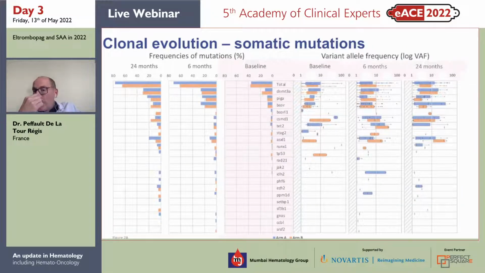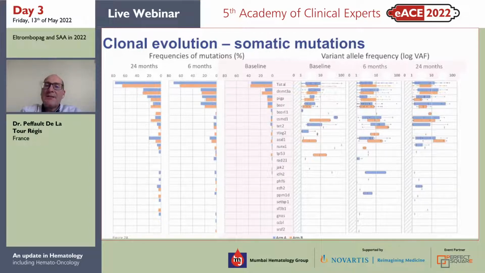As I told you, we were also looking for molecular transformation, or what I would call myeloid cancer gene mutations. And there was still some surprise in this setting, since we did not find any differences between arms, as you can see, at baseline, 6 months or 24 months.